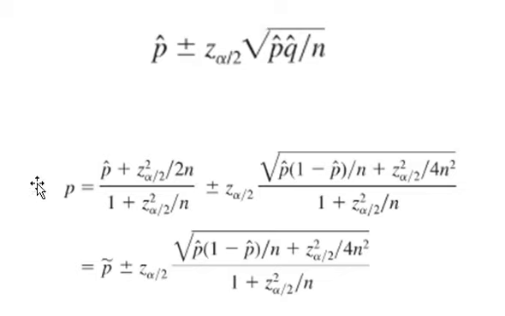I know it looks like a mess, and it can take some time, but if you're careful in Excel, it's not hard to calculate. It starts off with the basic term for the median value: p-hat plus z squared over 2n, over 1 plus z squared over n, is the base value, and that becomes p, the median value.